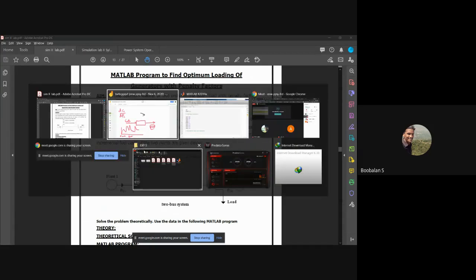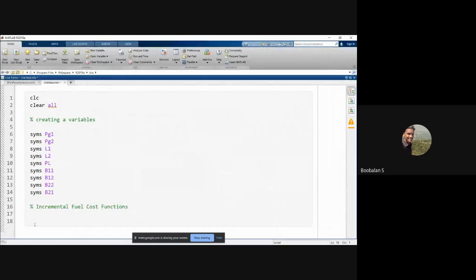And for generator one, I'm just going to create one more variable, for example, fuel cost function of generator one. I'm just going to use this variable name.